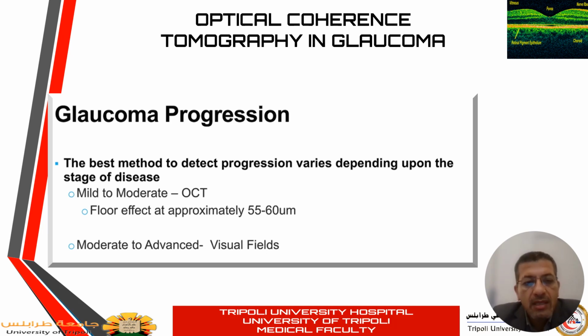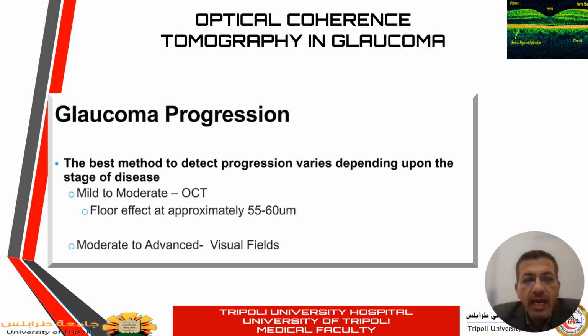So that is useful in case the patient came to you in late stages. If moderate or advanced glaucoma, visual field will be useful or even better than OCT in establishing progression analysis and establishing glaucoma progression in your patient.